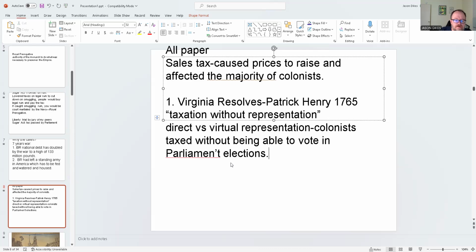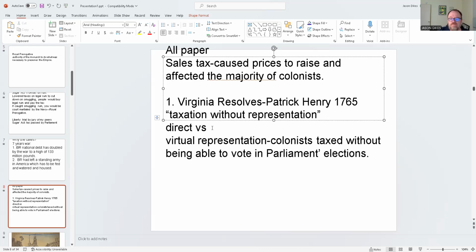That is virtual representation, and Patrick Henry is saying that's bogus. Okay? And again, that is where you would get taxation without representation. The colonies are not represented in Parliament. So how can Parliament pass laws on the colonies? It's totally bogus.